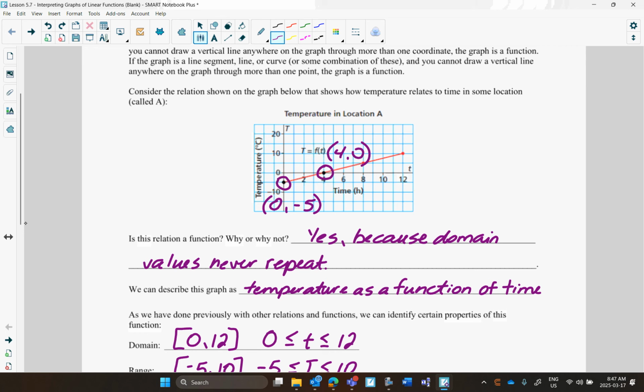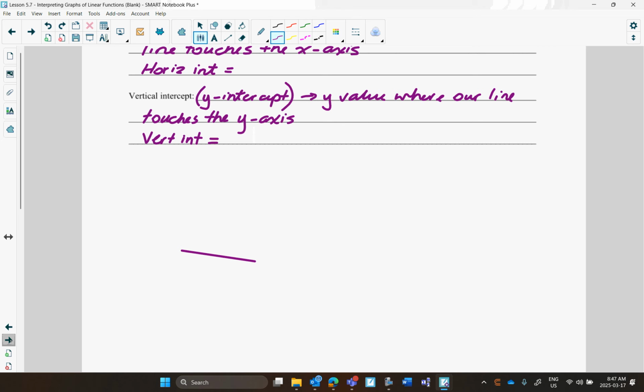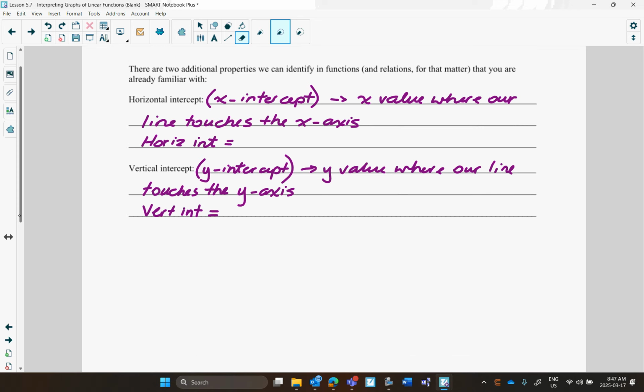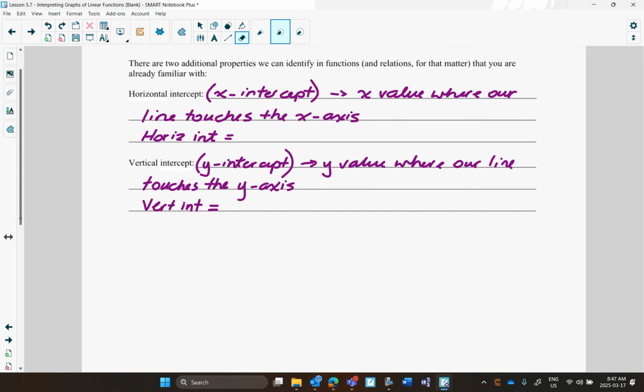Here's where it touches. The y value here is -5. So those two values would be our intercepts. So the horizontal intercept is 4. The vertical intercept is -5.